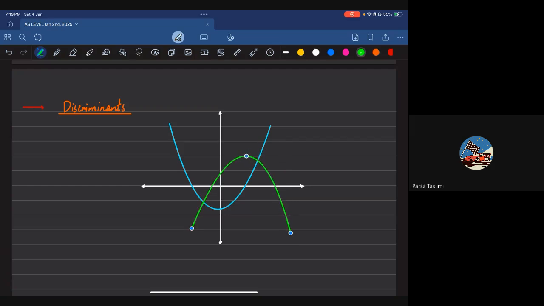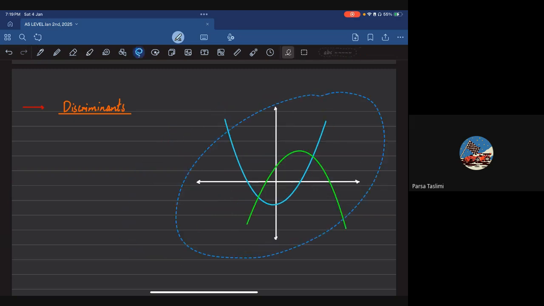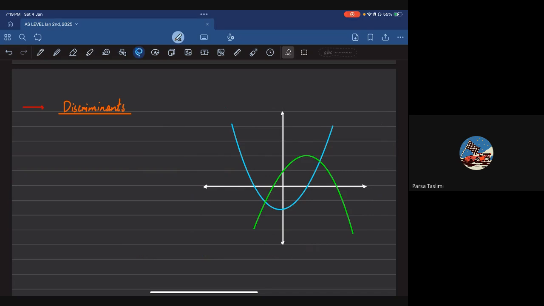Considering these two graphs, we're not really concerned about what these graphs are. But one thing common about these graphs is that both of them intersect the x-axis at two points.